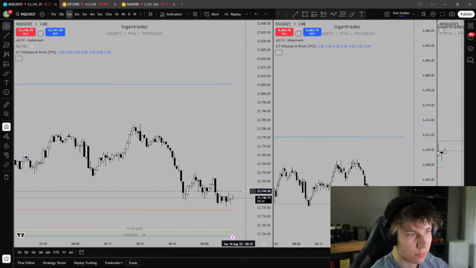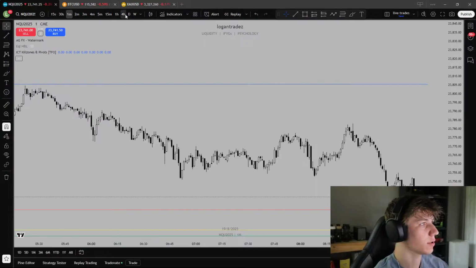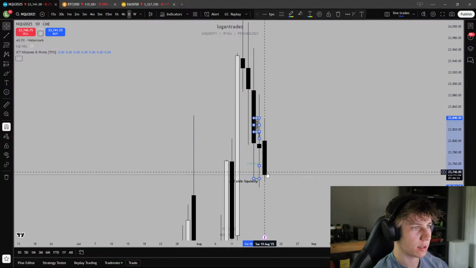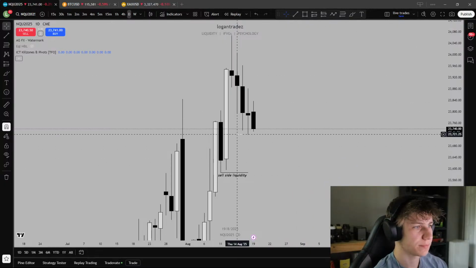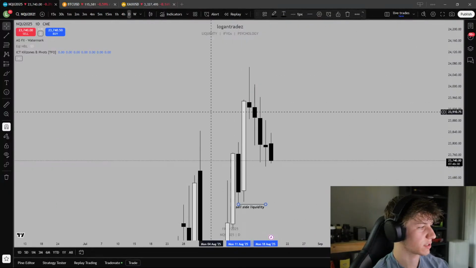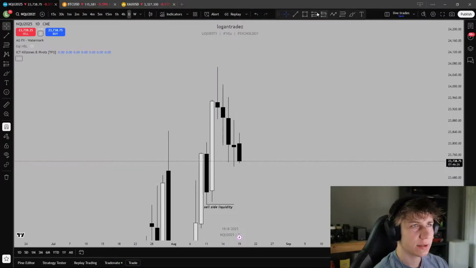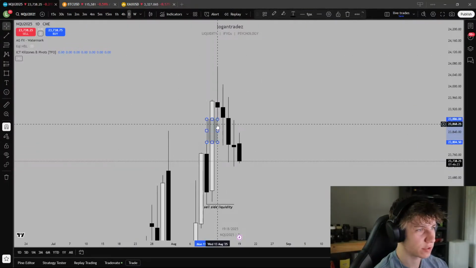So go ahead and hop on NQ here. Head on the daily. Okay, so daily is looking bearish here. This is sell side on like the 4 hour. But on the daily, we inversed the 4 hour.